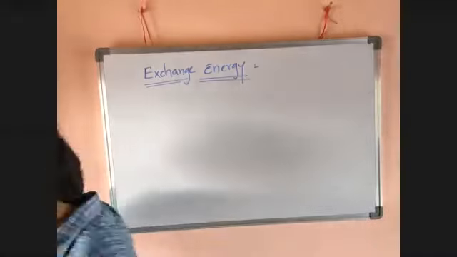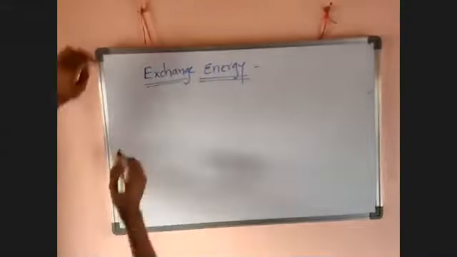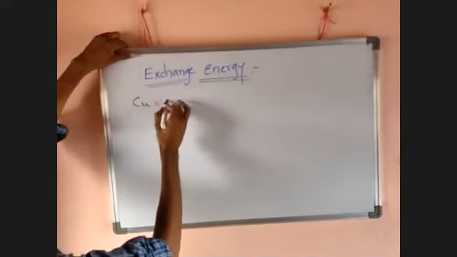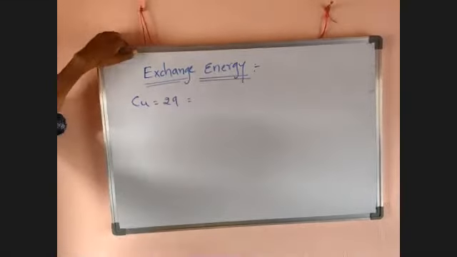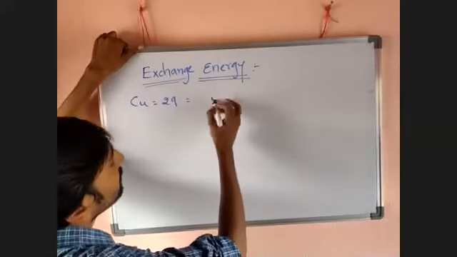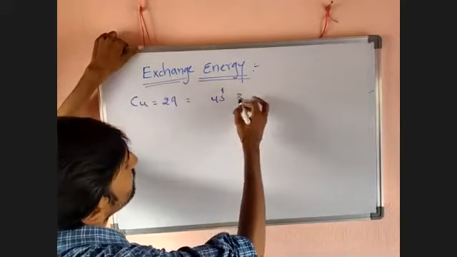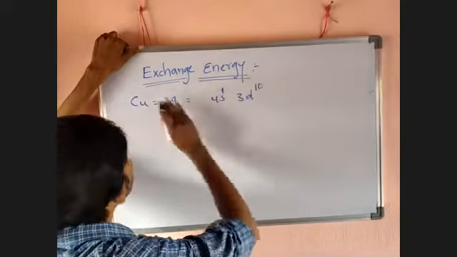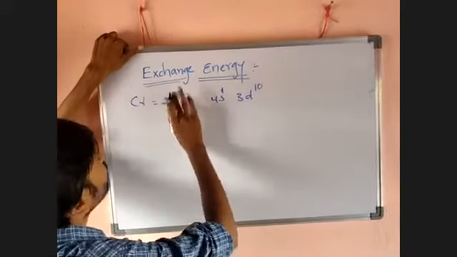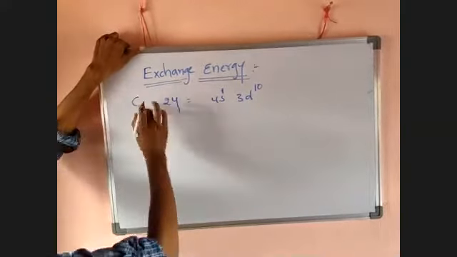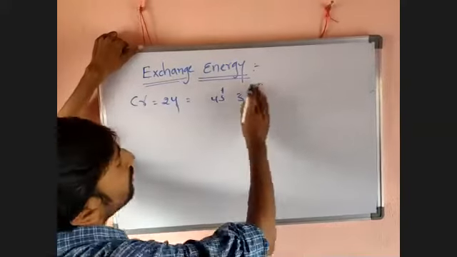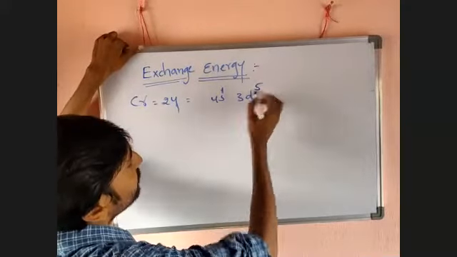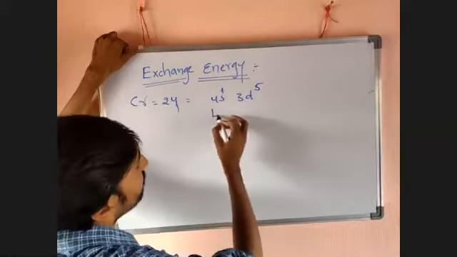Look here. For example, copper has atomic number 29. The electronic configuration is 4s1, 3d10. Chromium has atomic number 24, with 4s1, 3d5. Now each orbital has one electron.